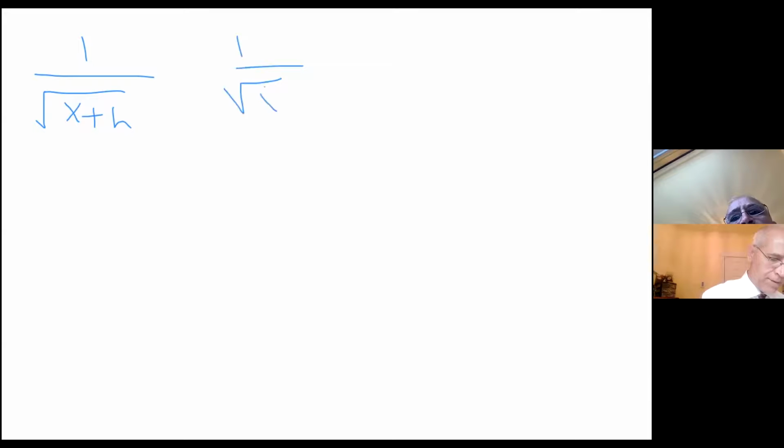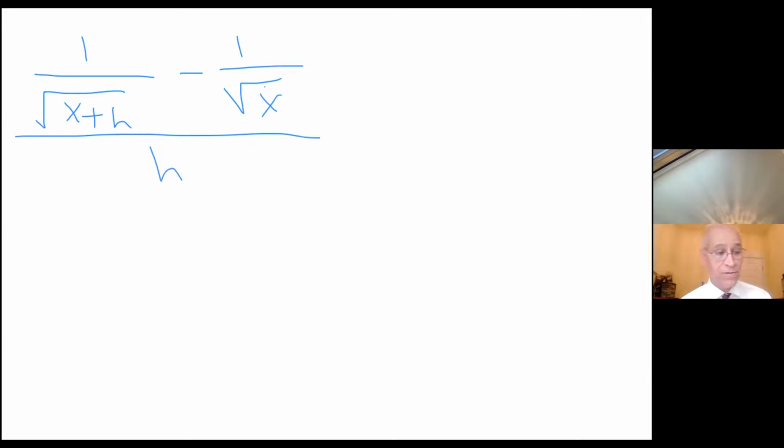Okay, let's do one more. Oh, here's a good one. How about 1 over square root of x plus h, minus 1 over square root of x, all over h. So again, I have a complex fraction.